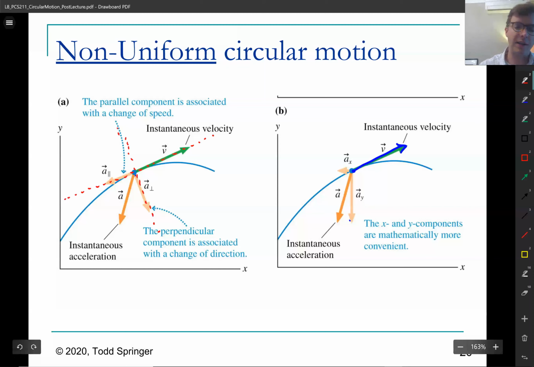And then you can see the component of the acceleration, in other words, imagine casting a shadow of this vector onto the axis which is parallel with the velocity. That gives me my parallel component of my acceleration. And that's the one that's associated with the change in speed. That's what we call the tangential acceleration.